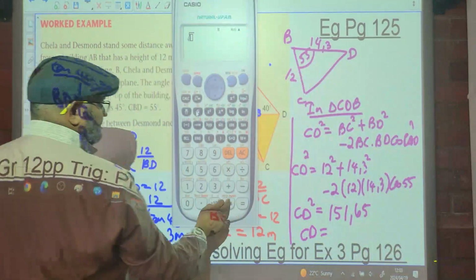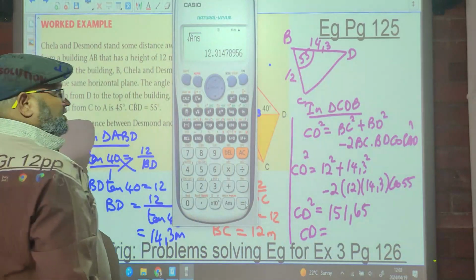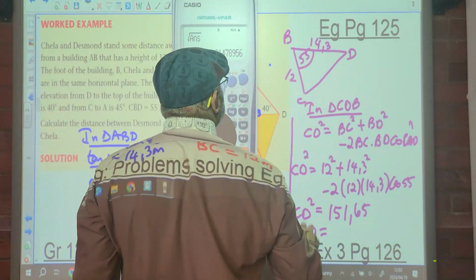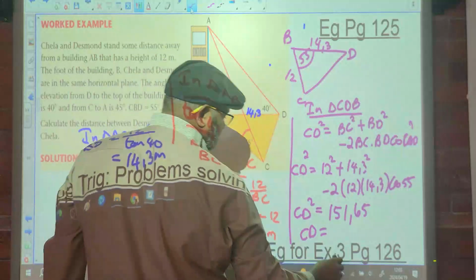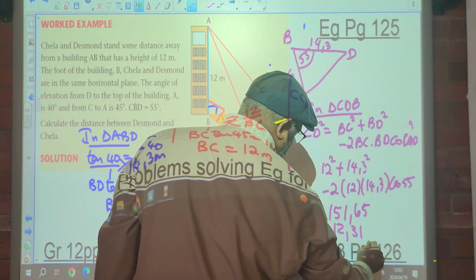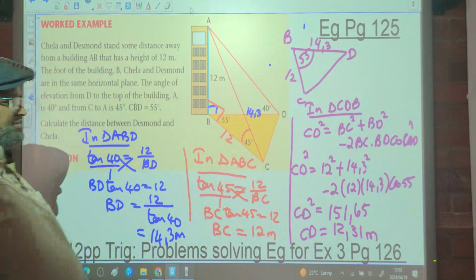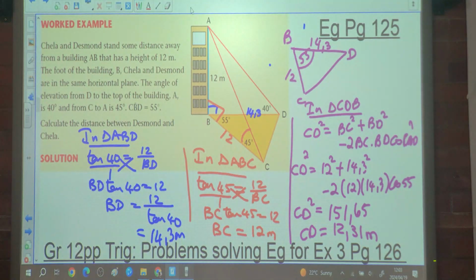Square root of the answer gives you 12.31 meters. Okay. Is there any confusion there? Easy, no? Nice.